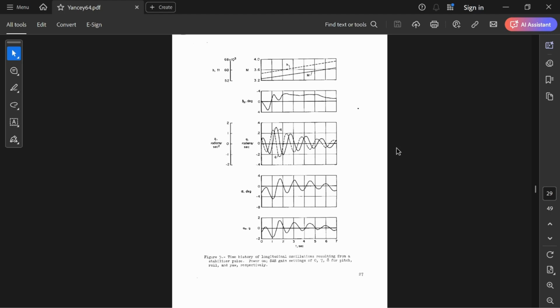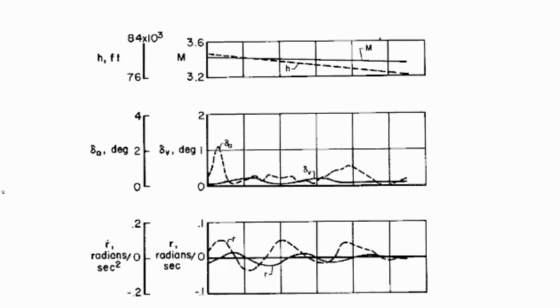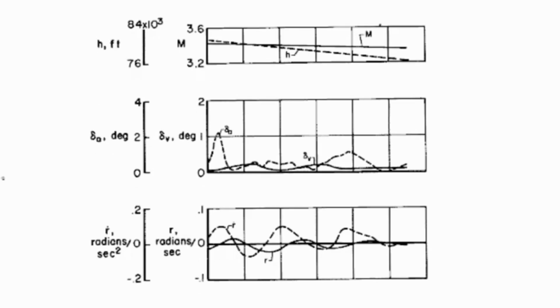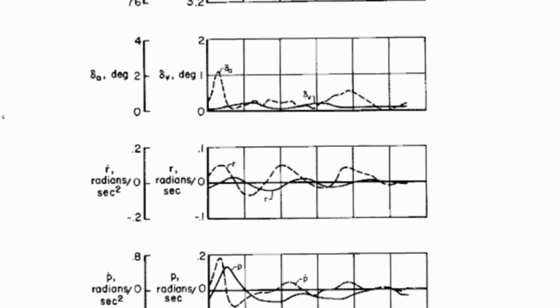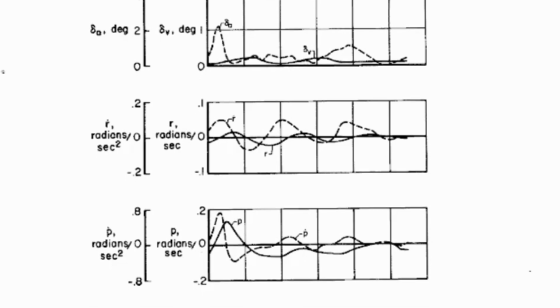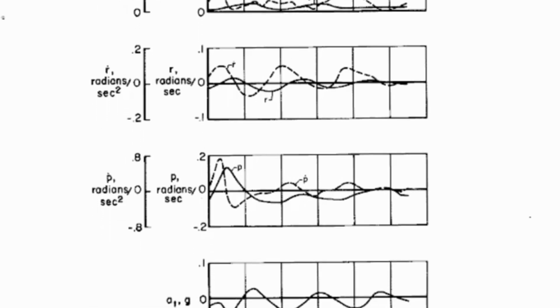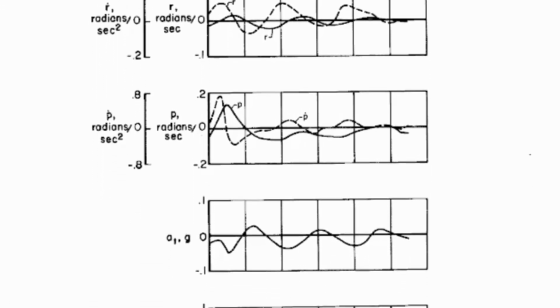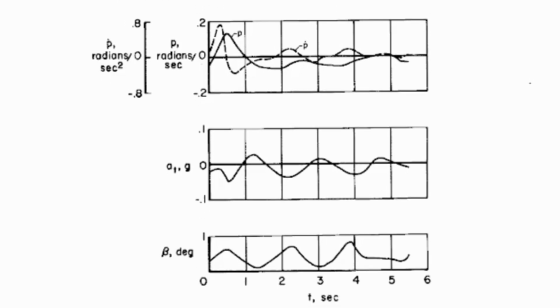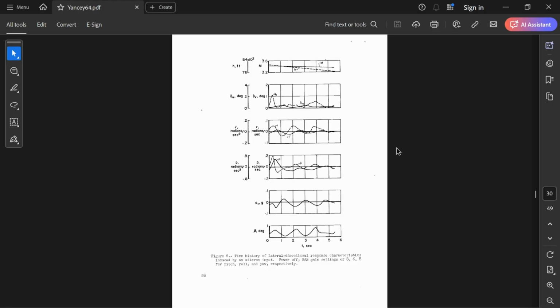Back in Yancey's report, we find figure 6 contains a lateral directional response from an aileron pulse input. This time the engine's off and all channels in the SAS are on. Again, our goal is to find reasonable agreement between flight test and simulation data, now in the more complex lateral plane.